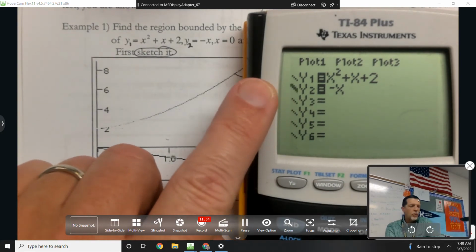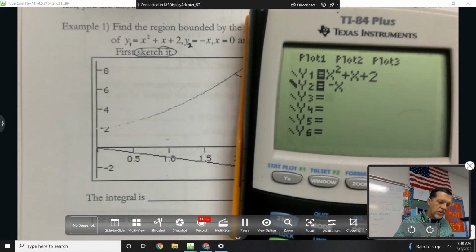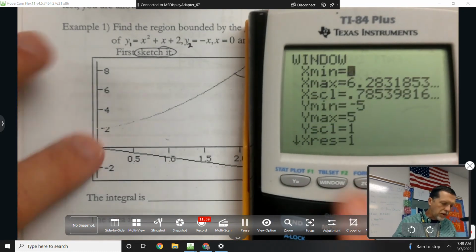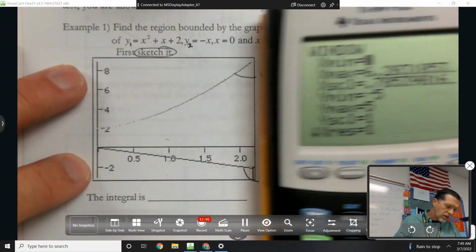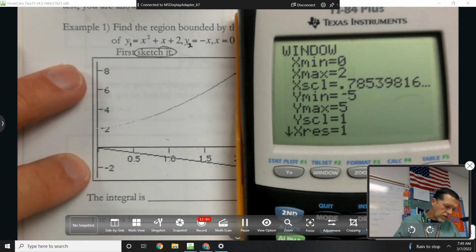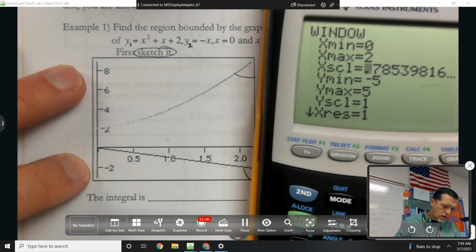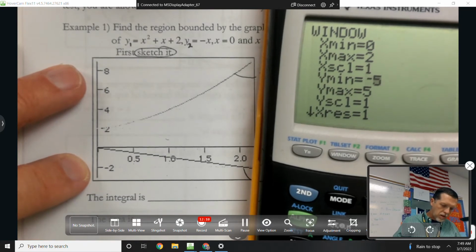That way you'll know which one's which. I'm going to make my window match the window that's here: 0 to 2 and -3 to 9. The scale doesn't really matter, but I'm going to make it match.